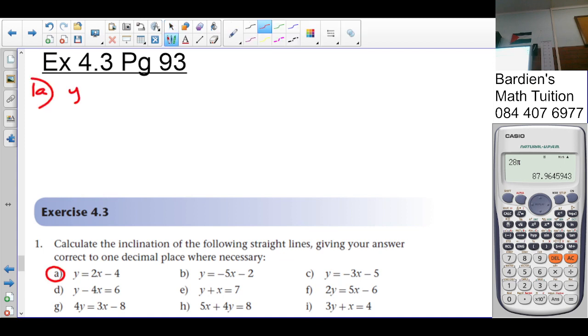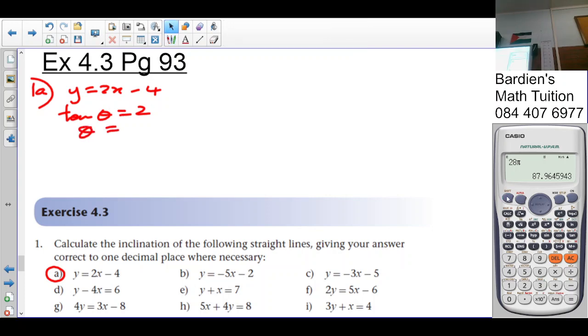You've got y is equal to 2x minus 4. The question says, calculate the inclination of the following straight lines, giving your answer correct to one decimal place when necessary. So what's the gradient of this line? 2. So we know that tan of theta equals 2. So arctan of 2 gives us 63,43.